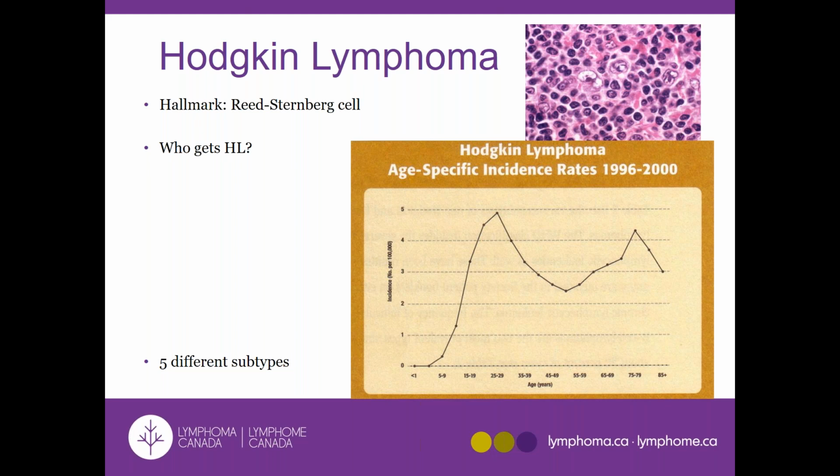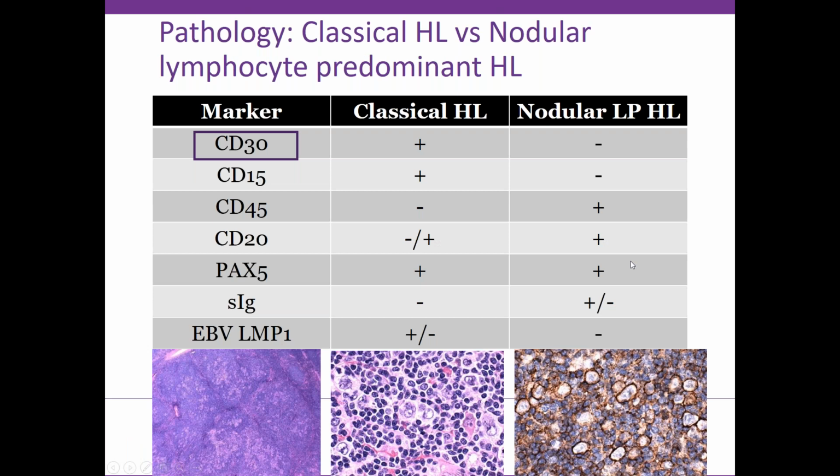Hodgkin lymphoma is a disease of young patients. So, the peak is really in the 15 to 35 age group, but there is another peak that occurs later on in life for patients in their 60s and 70s.